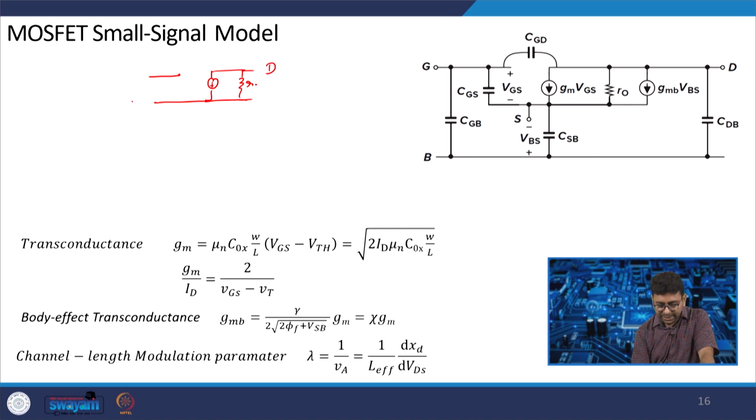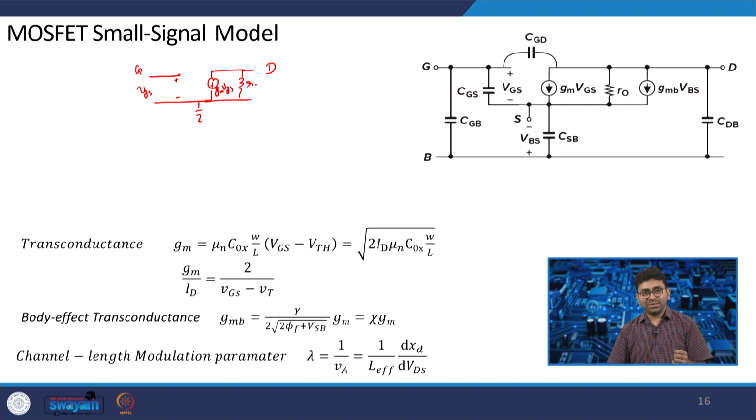This is a drain, this is a gate, this is a source, you have a VGS voltage plus or minus, then this is GM into VGS. This is a small signal model for low frequency application, and while discussing amplifiers we use this MOSFET small signal model.